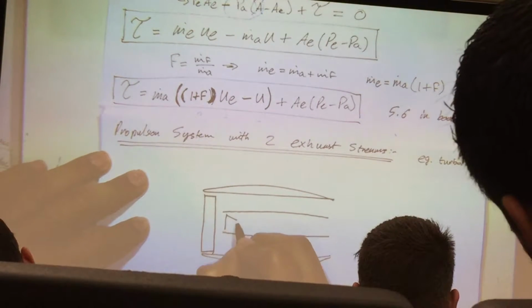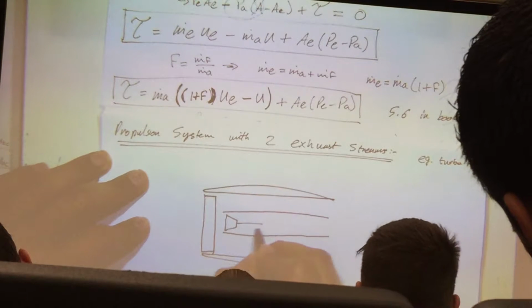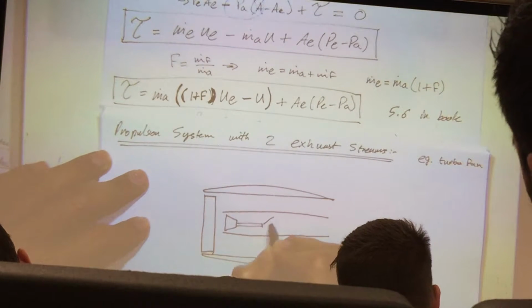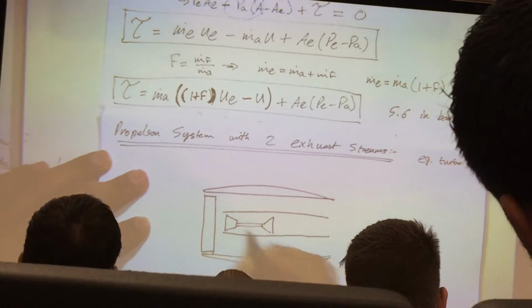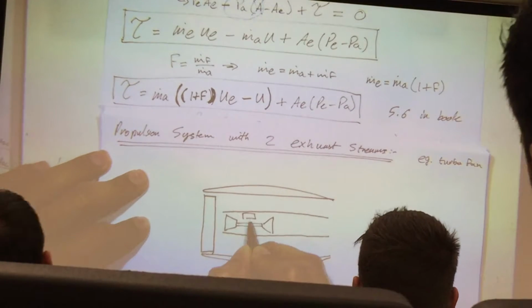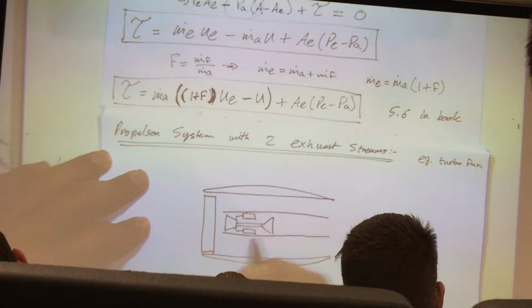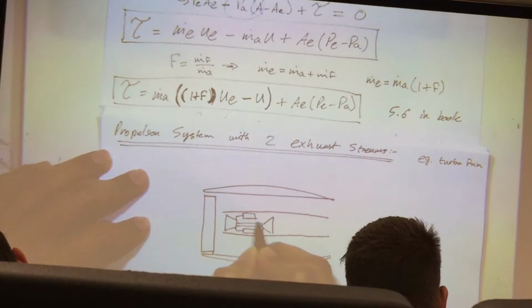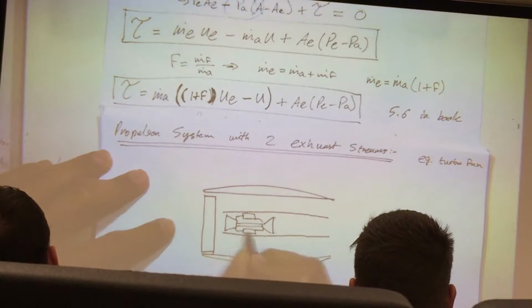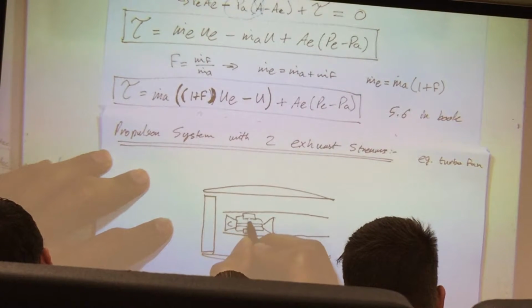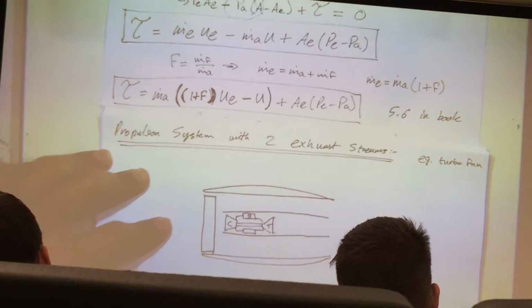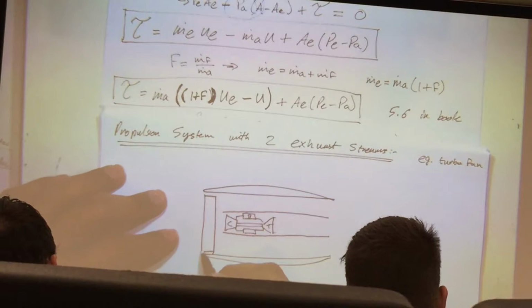I have my compressor right here. I have a shaft going to my turbine right here. I have a combustor right there. Okay, so compressor, burner, turbine, fan.